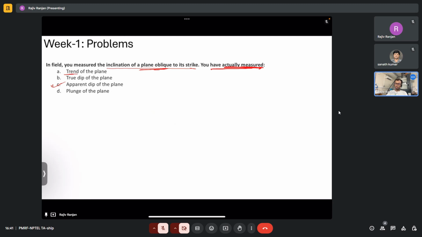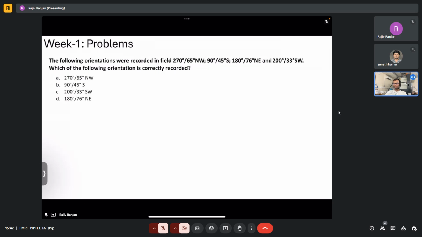Why? Because you are measuring inclination, not azimuth. Trend is azimuth. True dip is at 90 degrees, not in between. And plunge of the plane is at, not oblique.